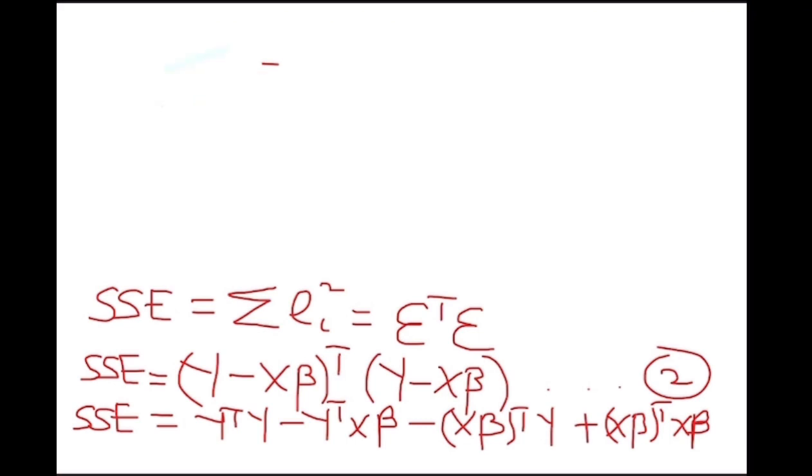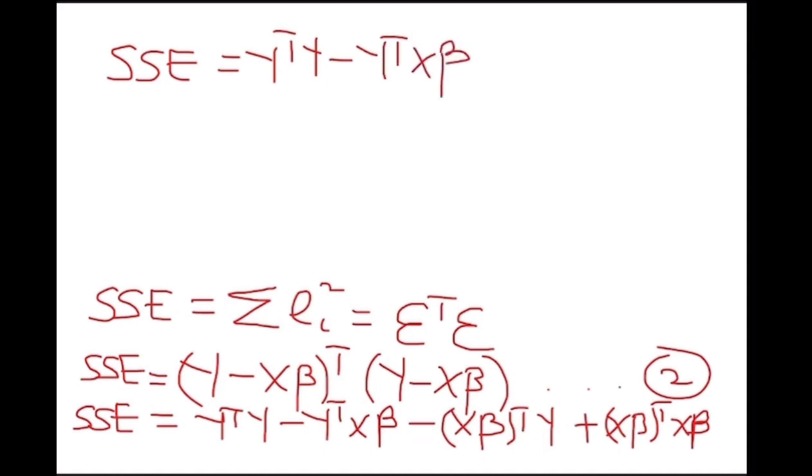Maybe we can simplify further, because when you simplify, your differentiation will be very easy to undertake. So I'm going to have y transpose y minus y transpose X beta. When you use the laws of matrices here, I'm going to have beta transpose X transpose y, then plus beta transpose X transpose X beta.